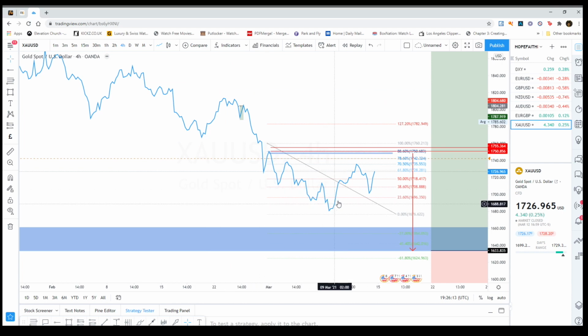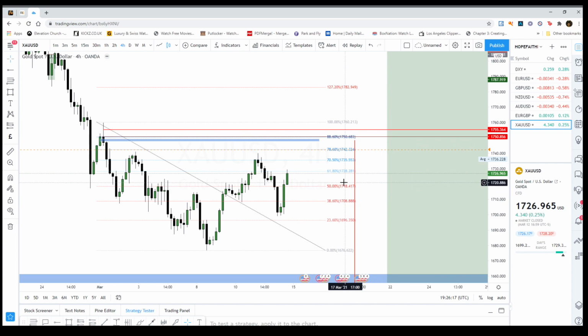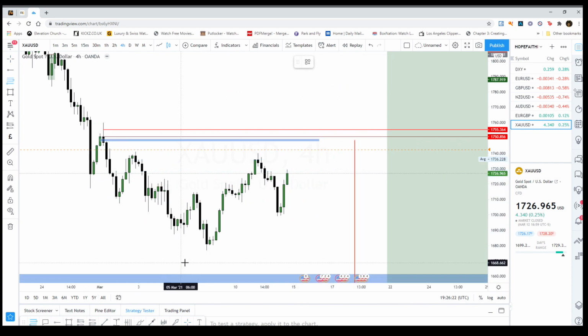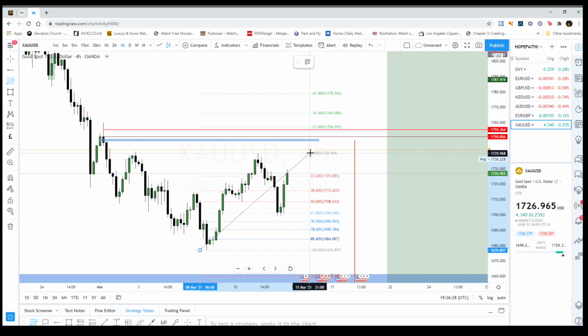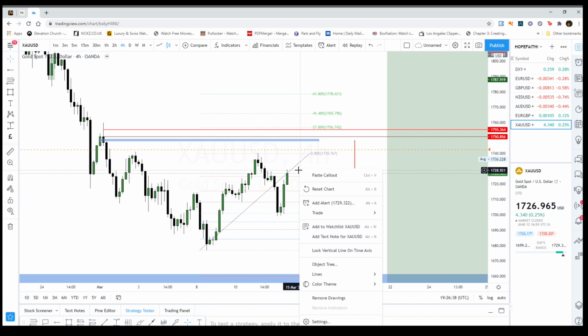Although they broke structure with this, created an uptrend, and if you fib that, that is actually a very good entry on the 618%. So from here, go up there. There you go. 618, bang. That would have given you at least 3,000.